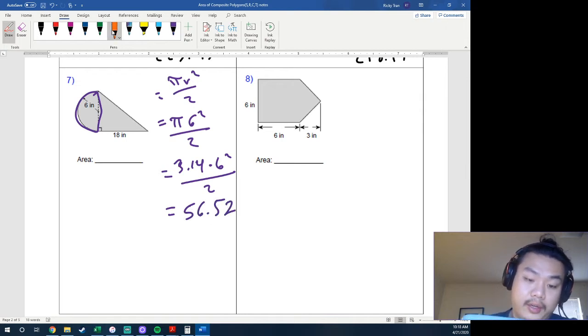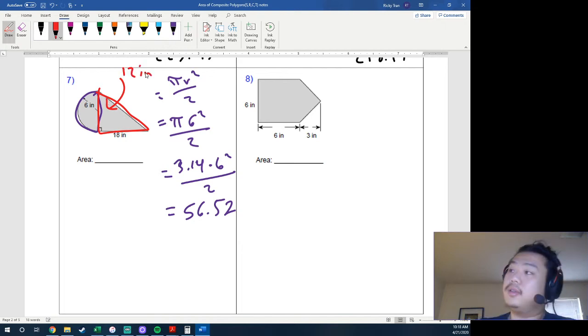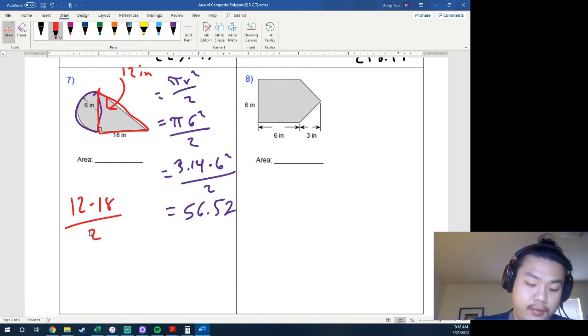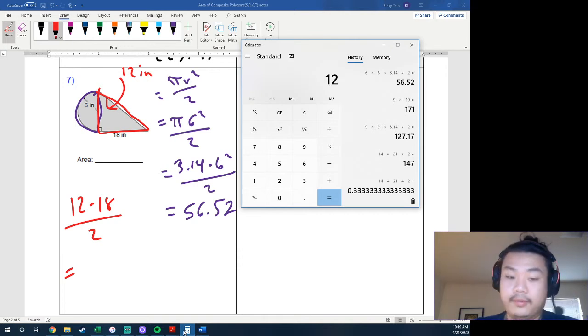Okay, now let's do the triangle. Again, the diameter is going to be 12 inches. All right, so it's just 12 times 18 divided by 2.